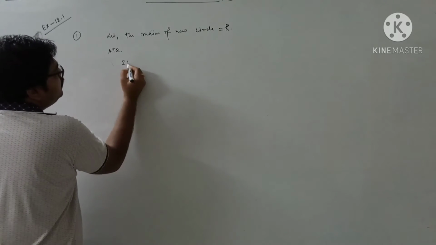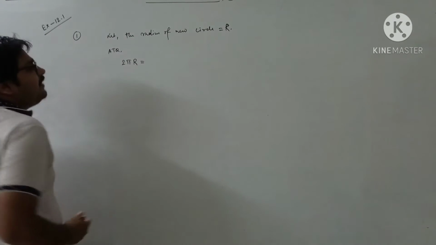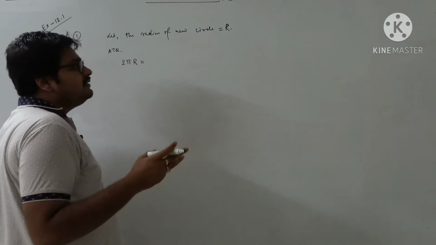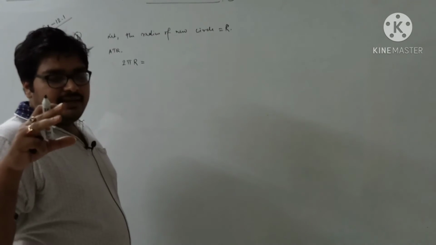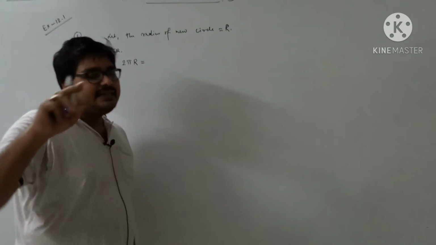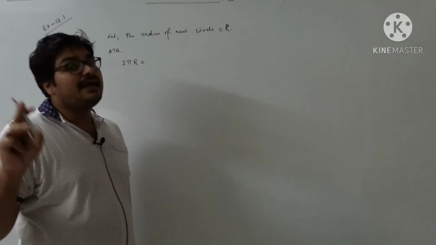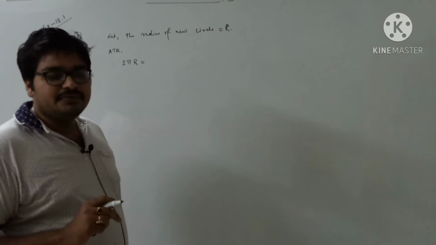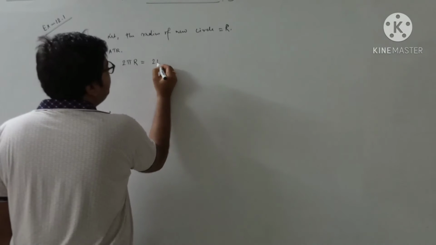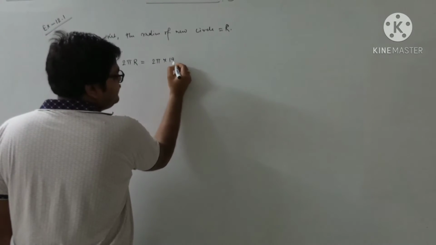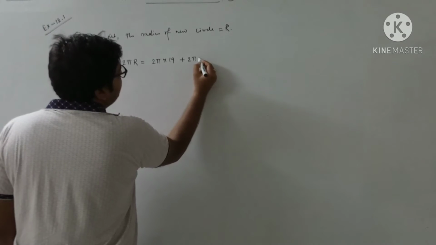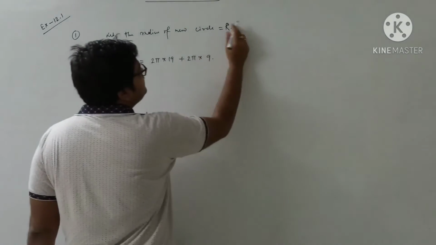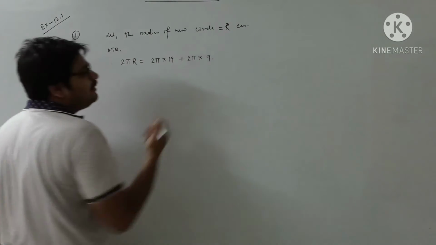According to the question, 2 pi R. We know the formula for the circumference of a circle is 2 pi r. 2 pi R is the circumference of the new circle, and that is equal to the addition of the circumferences of the two circles whose radii have been given. So 2 pi R equals 2 pi into 19 plus 2 pi into 9, in centimeters, the same unit, otherwise my equation will become wrong.